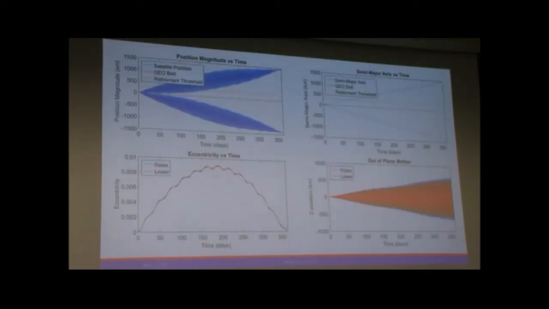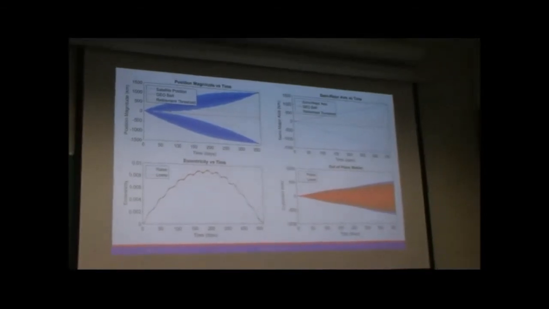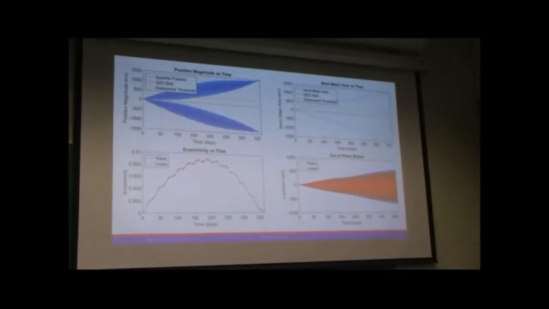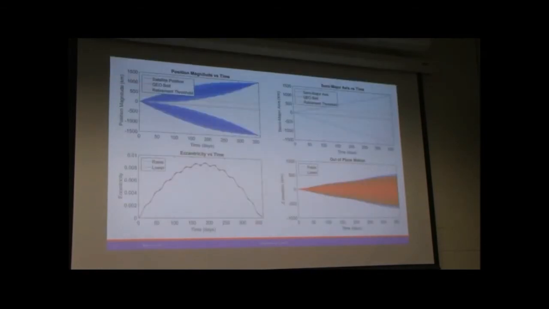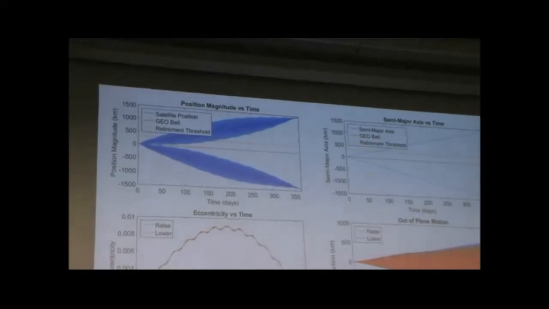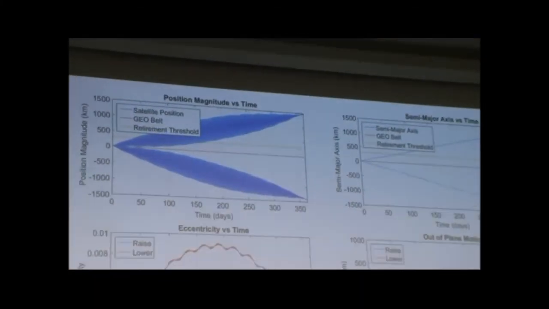Just for fun, we'll take a look at what's happening here. Say we orient the satellite based on this first picture on the left, so we're going to increase the energy of the satellite. Assuming I have a very large sail, a very lightweight satellite, and I'm starting in geostationary orbit, about 42,000 kilometers from the center of the Earth, in 1 year it looks like theoretically I can raise the semi-major axis by about 1,500 kilometers.